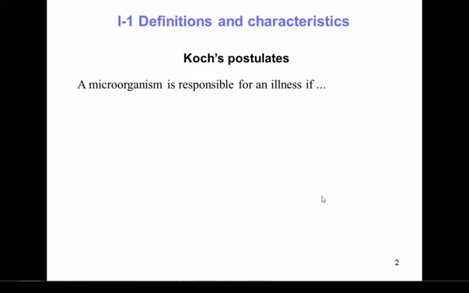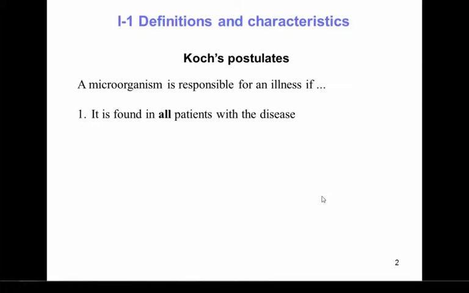So they had to try and really prove beyond any doubt that when they got a bacterium, it really was the cause of the disease in people. And it was really Robert Koch who put these rules down in a clear way.